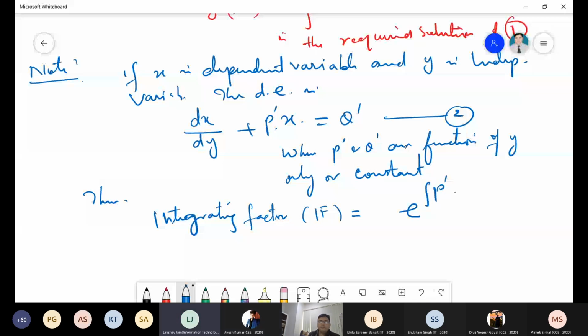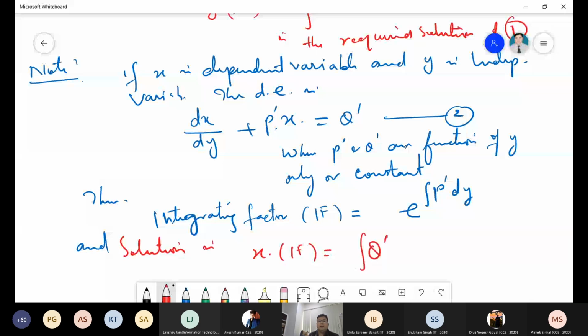And the solution is x into the integrating factor equals the integration of Q dash into the integrating factor dy, plus c. Okay, is it correct now?